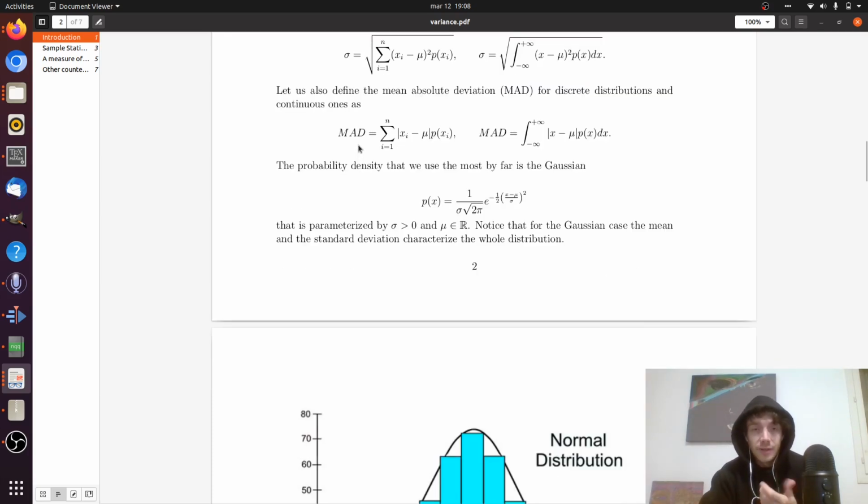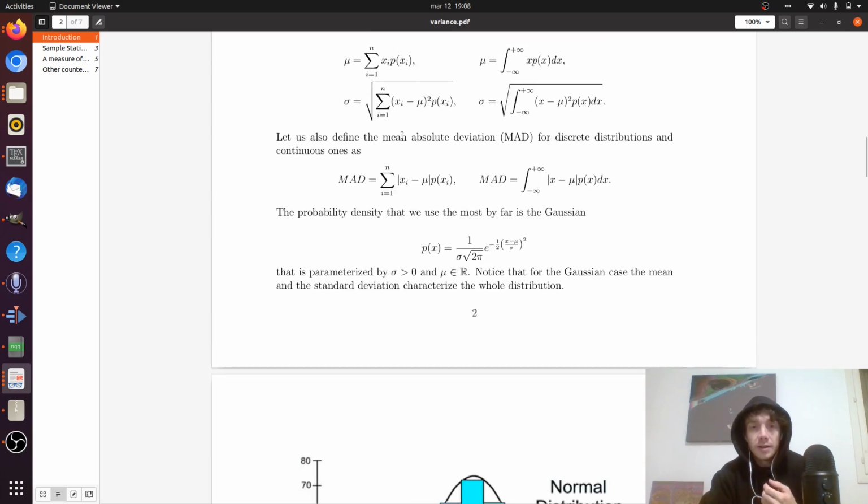But there's another one, the mean absolute deviation, and the intuitive reason why this is a measure of variability is the same as this one. We are calculating differences from the mean and then taking a weighted sum of them with the probabilities of these respective outcomes happening. Here, notice that we don't take the square.